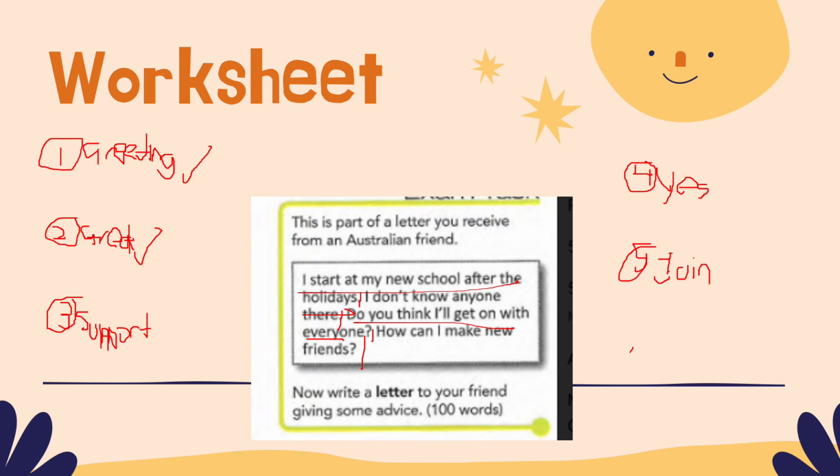And finally, don't forget your closure, where you say bye, see you soon, Lisa. I'm sorry, see you soon, maybe Susan. That will be your writing task. I hope that you can do it correctly, and based on the guidance that we have discussed, you can manage to complete your exercises.